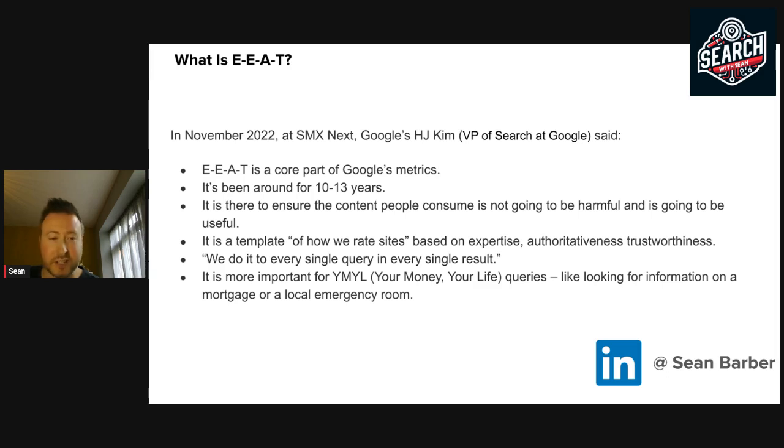It's been around for 10 to 13 years. It is there to ensure that content people consume is not going to be harmful and is going to be useful. It is a template of how we rate sites based on expertise, authoritativeness, and trustworthiness. As we said earlier, we do it to every single query in every single result, so it's quite vast.